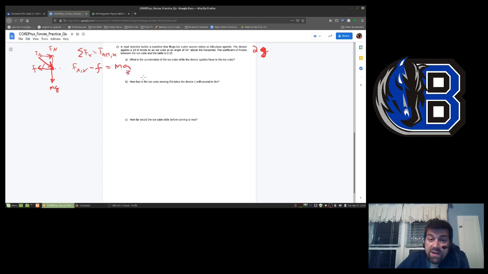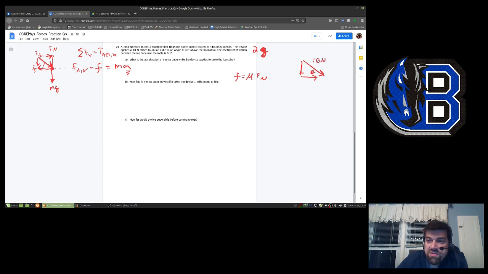So I can solve for my acceleration right there, and I'll use my friction is mu times Fn. Fn is not the weight here. There's 3 forces in the vertical direction. There's the normal force up, but there's a downward portion to that applied force too. When I look at this applied force, I want to know how much is horizontal and how much is vertical. That's my 30 degrees.